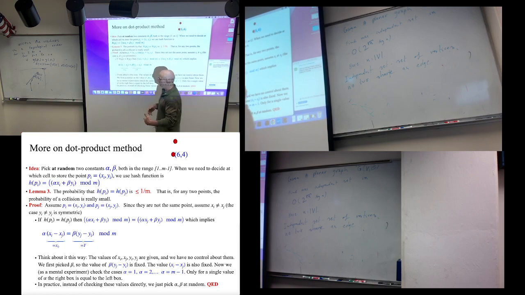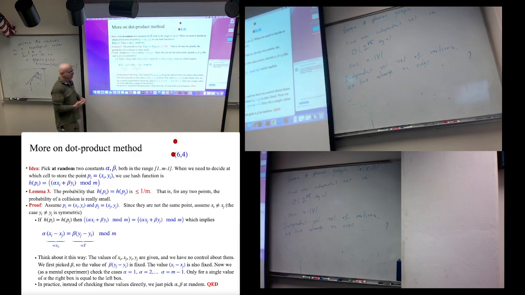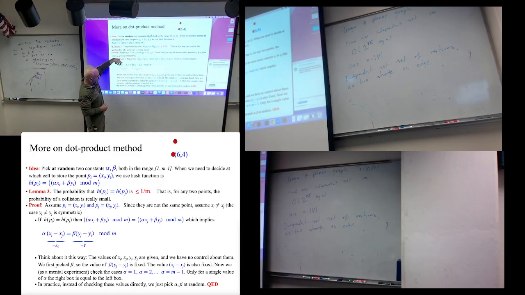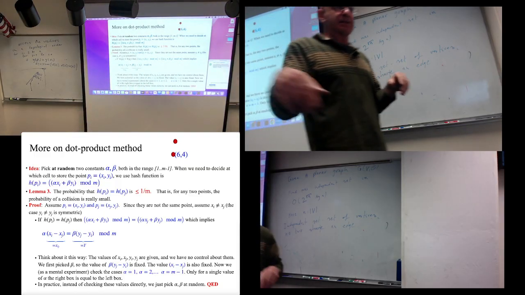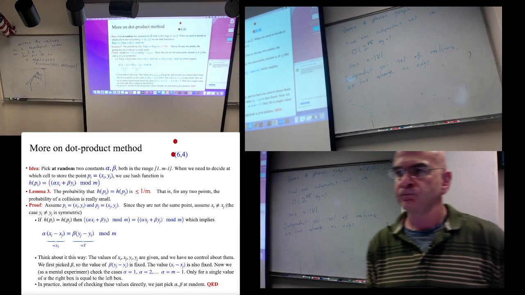And the whole obsession with using prime numbers, or at least relatively primes, was to guarantee that for every alpha that I'll pick, provided that the keys yi and yj are different, there will be at most one beta that caused these two keys to collide, which is the number of solutions of ax equal b modulo m.